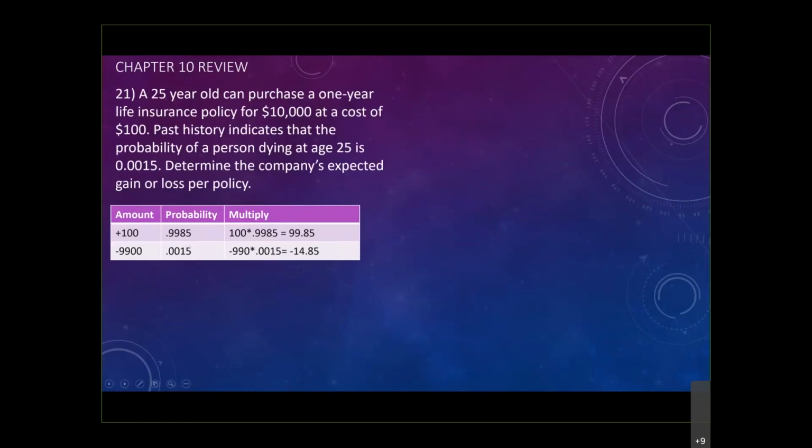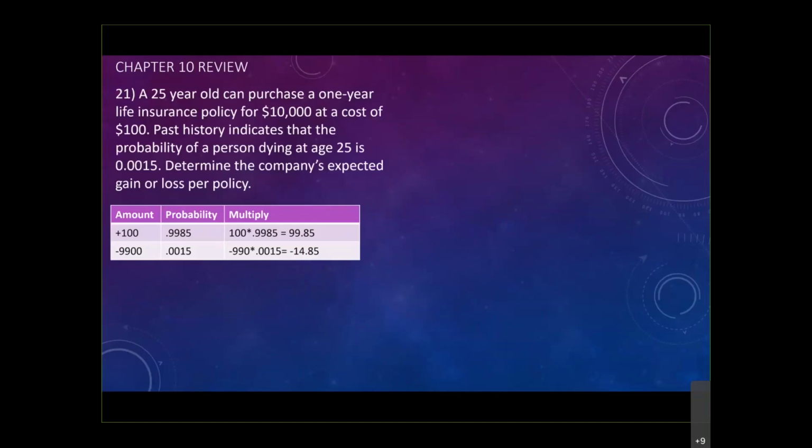So if I know that this item is 0.0015, just imagine your bell-shaped curve. If we know that the small portion is 0.0015, what is the leftover? We take 1 minus that item, which is 0.9985. Everybody see that?